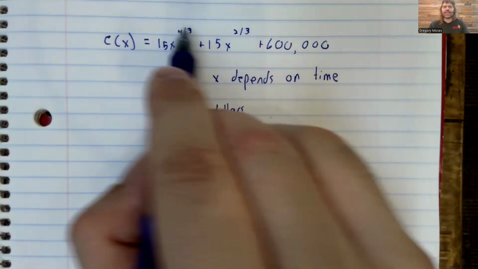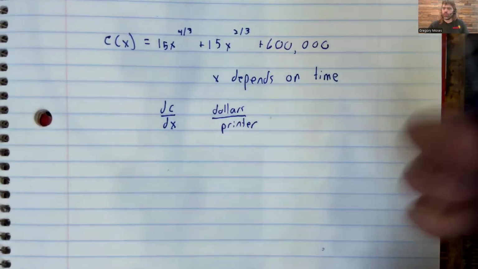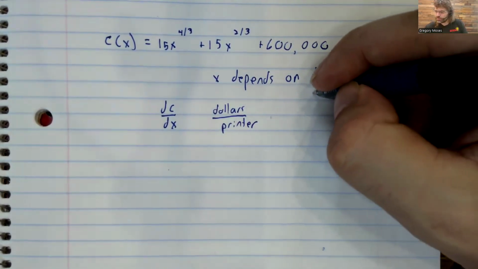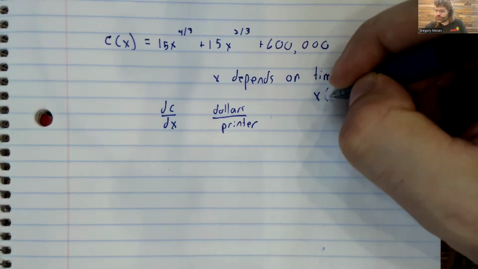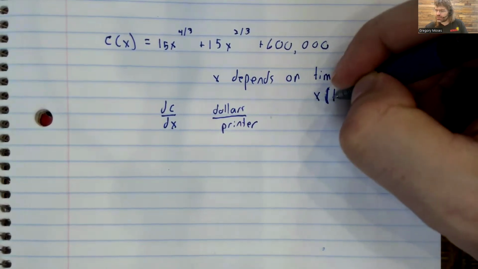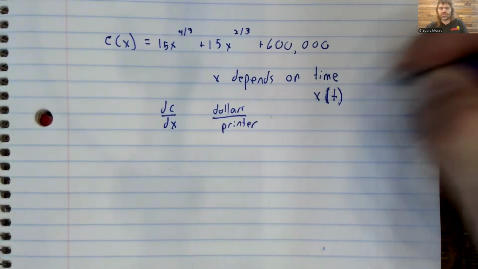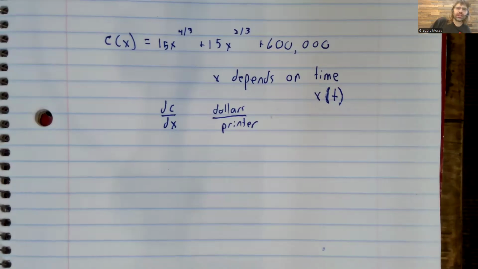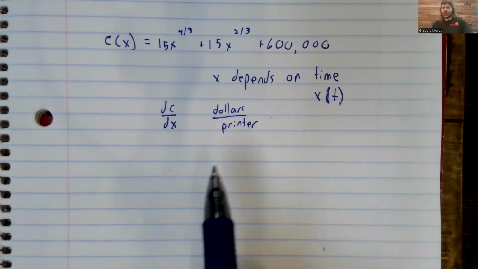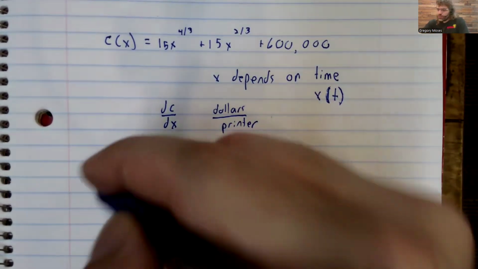So hiding in this equation is the fact that x is itself a function. x depends on time. x is a function of time. So, what's that mean?